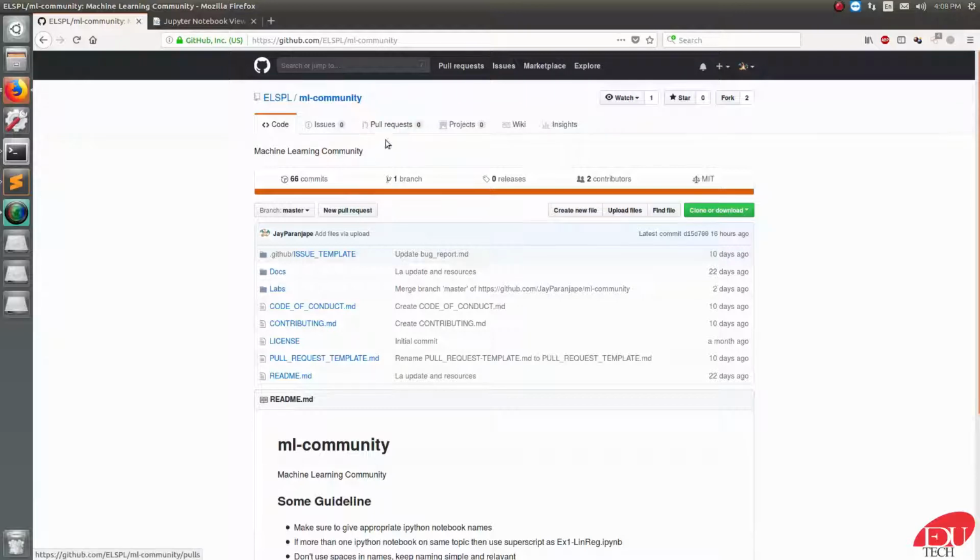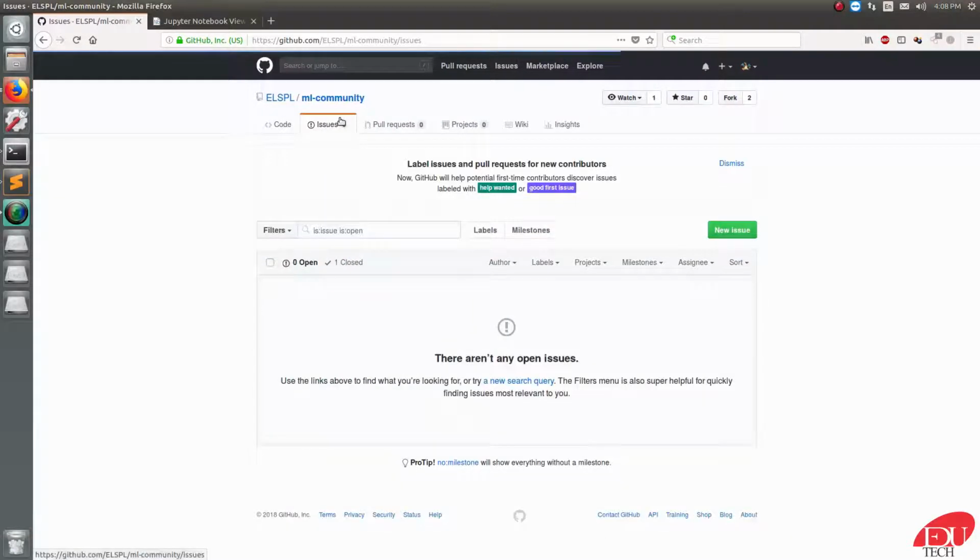So instead of going directly to pull request, please go to the issues and create a new issue, be it regarding enhancement, be it regarding some issue that you faced while using this community repository, and we can discuss it over GitHub, and then we can go further and implement that change.